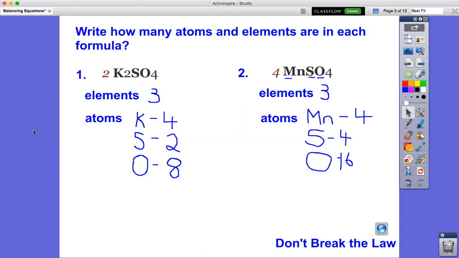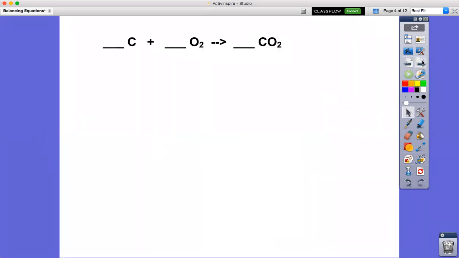Can I create it? Can I destroy it? No. Right, guys, good. No, I can't. So the law of conservation of matter and energy says I cannot create nor destroy it. I can only change it from one form to another. So that's the reason why we learn about balancing equations.